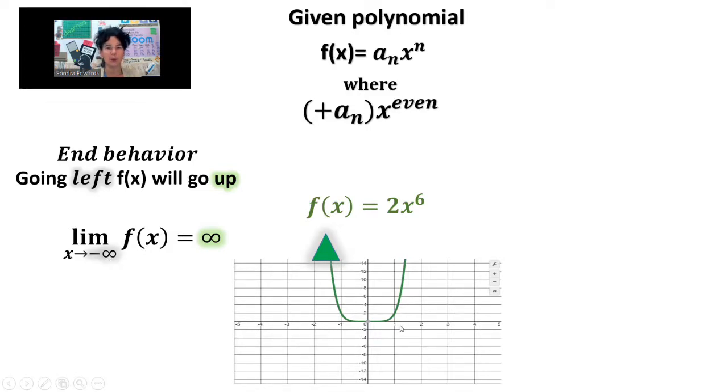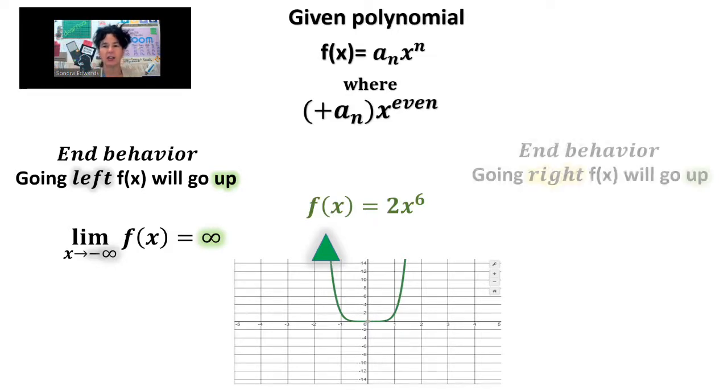So for example, if I plug in -1, -2, -3, -4, -5, that is selecting x's heading to negative infinity. And as I substitute in -1, -2, -3, -4, -5, the answers to the function are getting bigger and bigger and bigger, so the answers are heading to infinity.